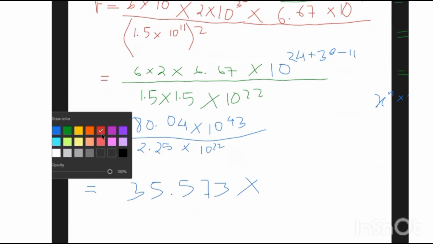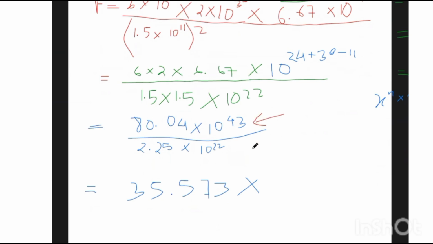Now, what is left out? We still have to work on this portion, the 10 to the power 43 and 10 to the power 22 part. Now again recall one of the laws of exponent, which was whenever you're dividing the powers. So x to the power n divided by x to the power m, at the time what happens? It becomes x to the power n minus m, right? You subtract the power.